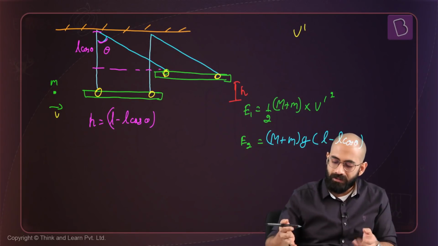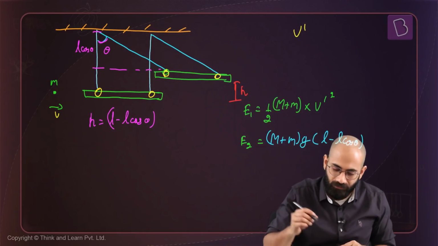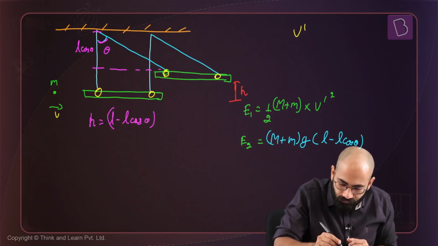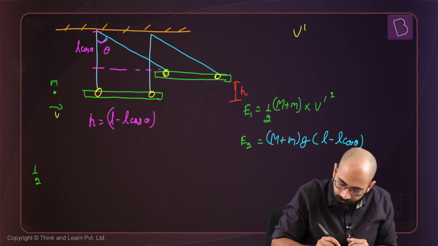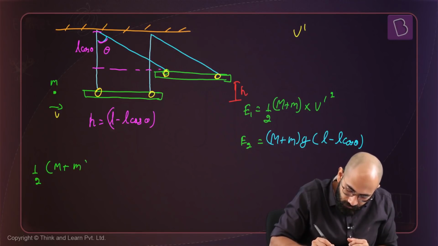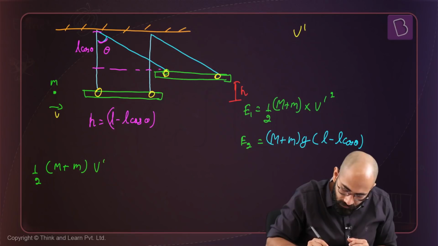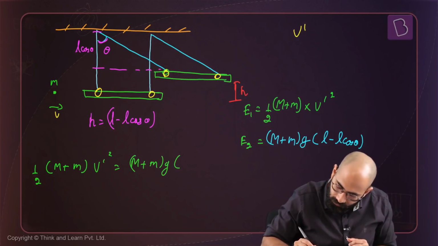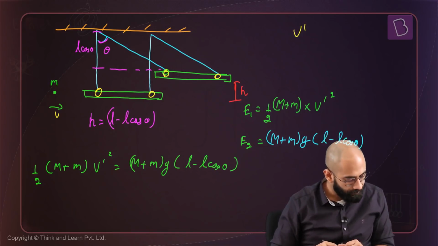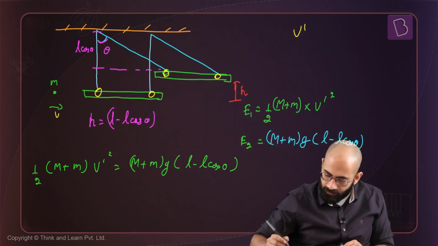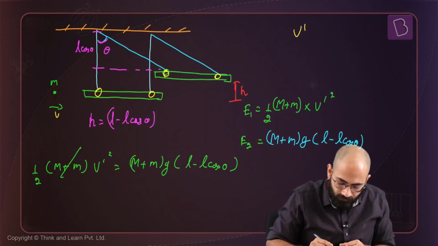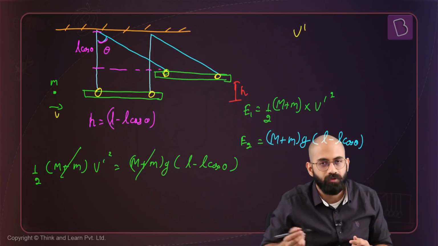Okay. So these two will basically be the energies. Now we just have to equate the energies because energy has to be constant. So I get half V dash squared should be equal to g times (L minus L cos theta). If I solve this, I can cut off M plus m, because they can't be 0.